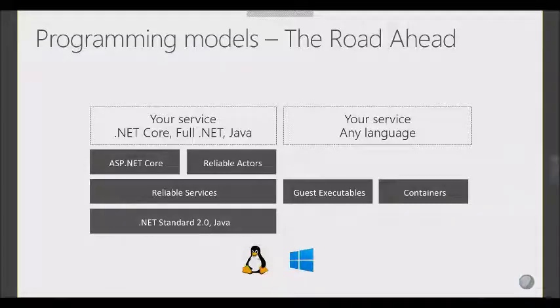And of course, the guest executables have to be somehow compiled for the target platform. That will of course be the same. And the container thing is still not clear to me if there will be, say, Linux containers on Windows or Windows containers on Linux. So no words on that, and then we will see what happens there.